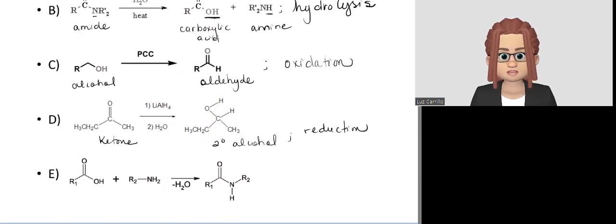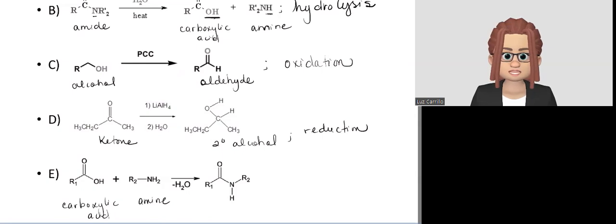Lastly, when we look at the last pair of molecules, here we have a carboxylic acid and an amine fusing together to make an amide. And even though it's not written, I'm going to write it in.